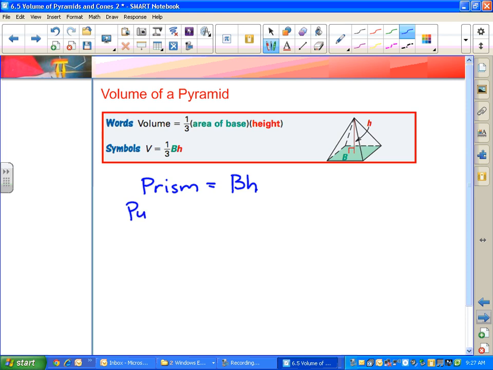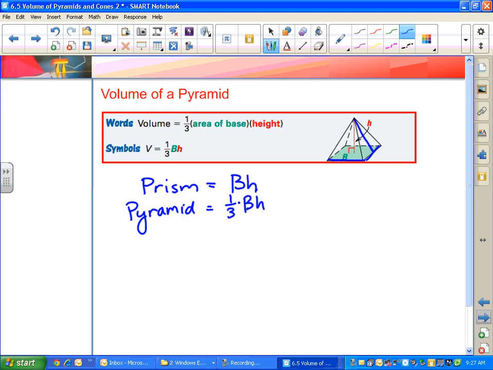But for a pyramid, the volume formula is 1/3 of the area of the base times the height. It's 1/3 of the volume of a prism. So we would calculate the area of the base of the figure, whatever that was. We'd find the height of the figure, whatever that is, and we multiply those together and divide by 3.